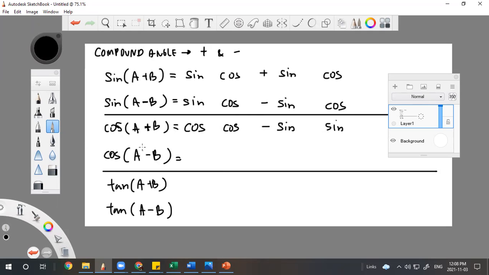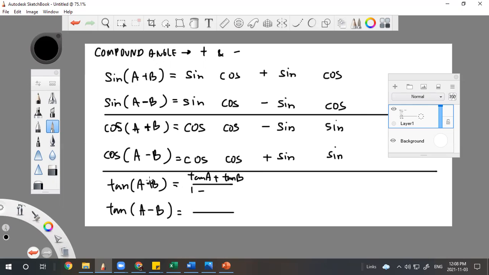And how about cos a minus b? Also cos, but it has to be opposing the sign, so again, we oppose the sign, sine. Okay, and then how about tan? Tan is quite interesting because they have the fraction thing. So this is tan a plus tan b over 1 subtract tan a times tan b.